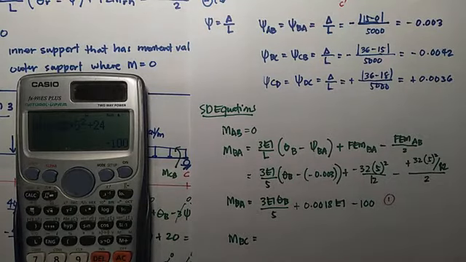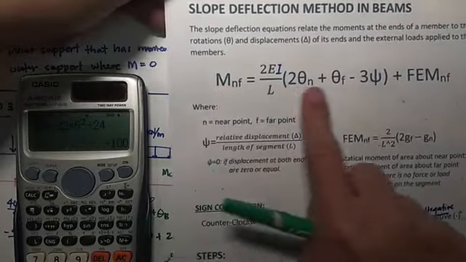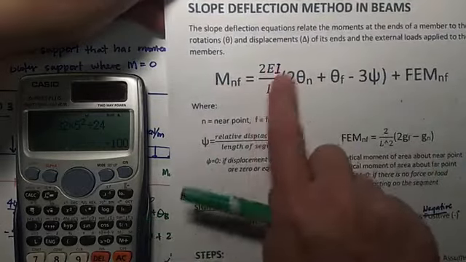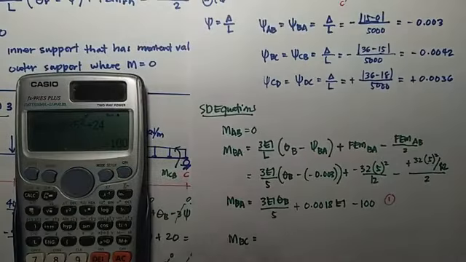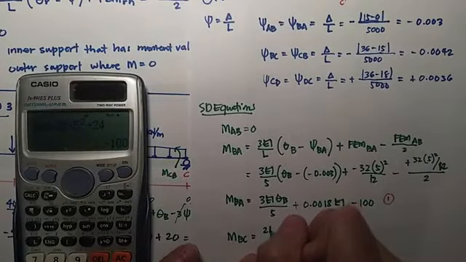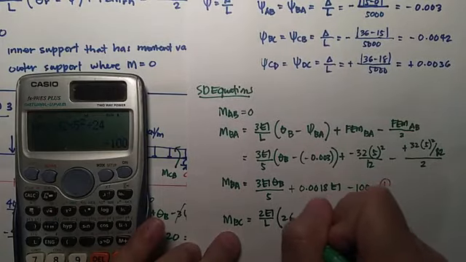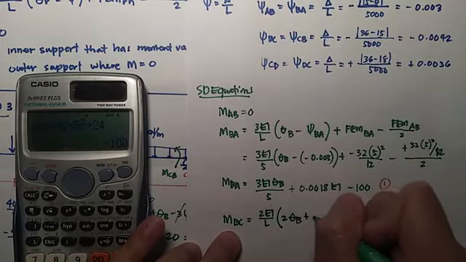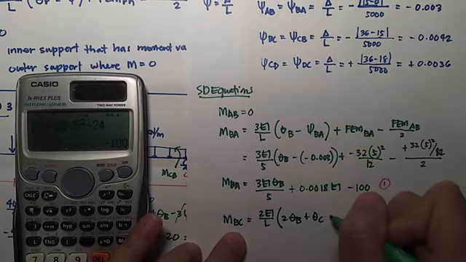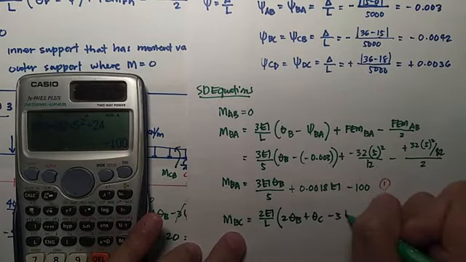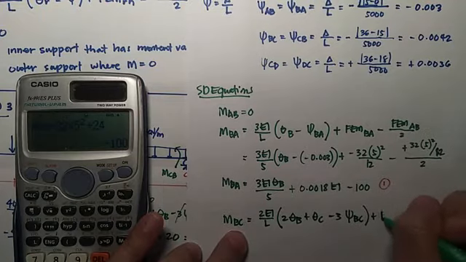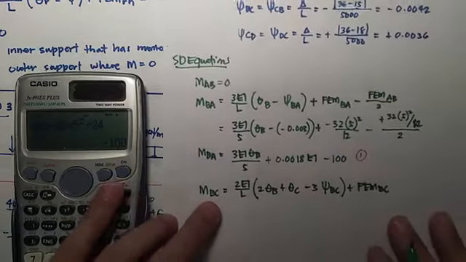So yung this one, so yung 2EI over L. So that would be 2EI over L times two theta B plus theta C, okay, minus 3 psi ng BC plus yung FEM ng BC. So, yan yung equation natin.